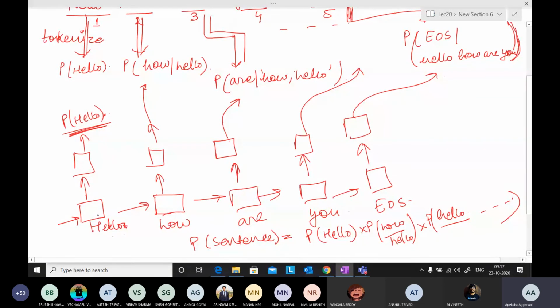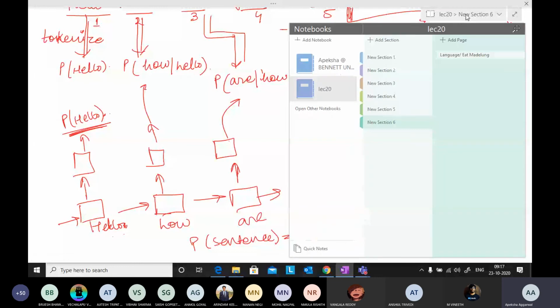So suppose you want the model to generate a few sentences on its own. First you will train the whole model giving it the sentences that you have. Suppose you want to generate something related to Shakespeare's text.